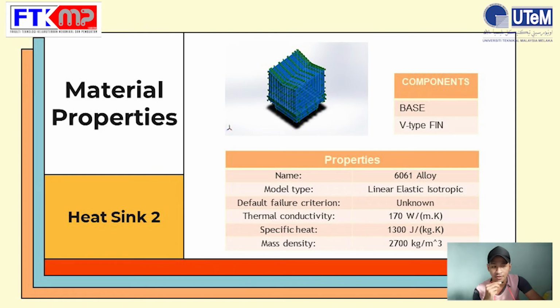The specific heat is 1300 joule per kilogram Kelvin, and the mass density is 2700 kilogram per meter cubed. For the components, we divide it into two, which are component 1 base and component 2 fin.